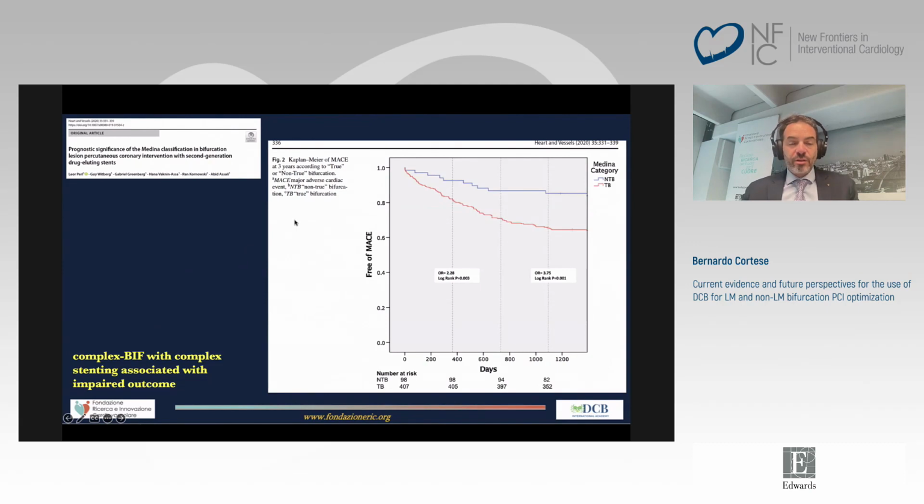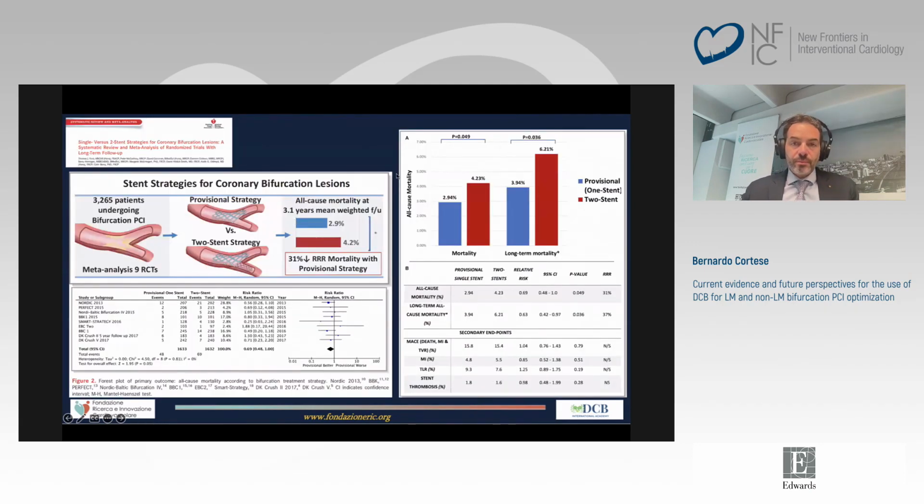And this is quite true also in terms of mortality, if we take into account information from this meta-analysis, which shows how a two-stent strategy is associated, in the short term but also in the long term, with an increase in mortality, 6.2 versus 4% with a provisional stenting strategy, which is currently the strategy suggested by EBC in the majority of our bifurcation patients.